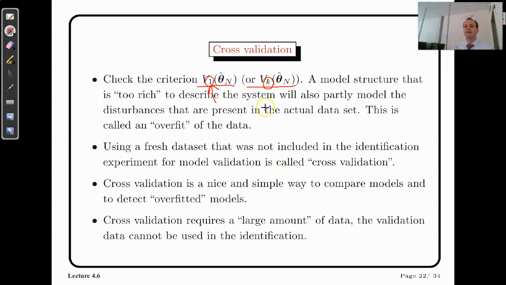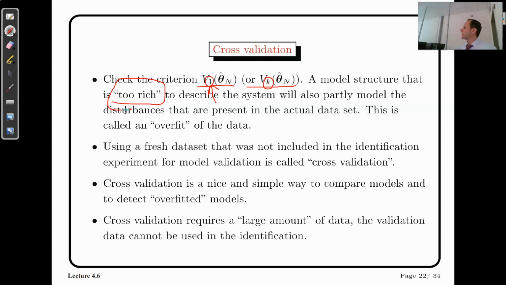Not only one, but if you remember, the more samples you are going ahead, the more the model is accurate if this index is low. So perhaps the model structure that you have selected is too rich.